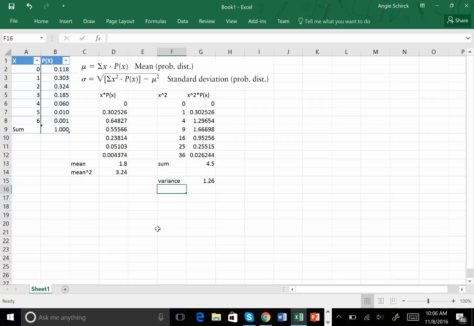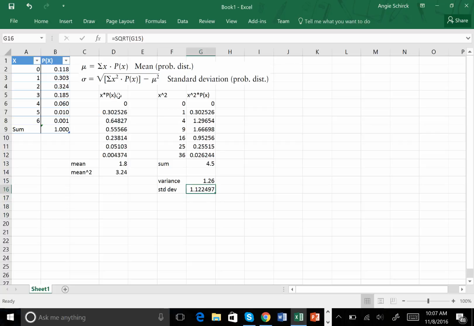And now for the standard deviation, I just take the square root, so equal SQRT of the variance, and there's my standard deviation.